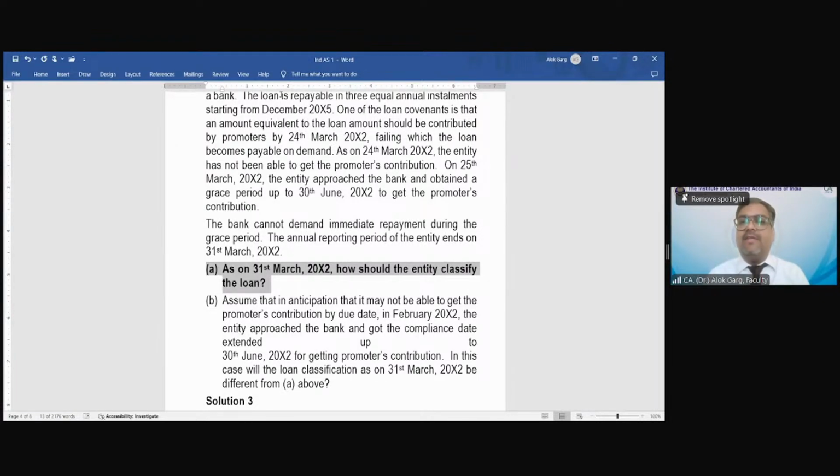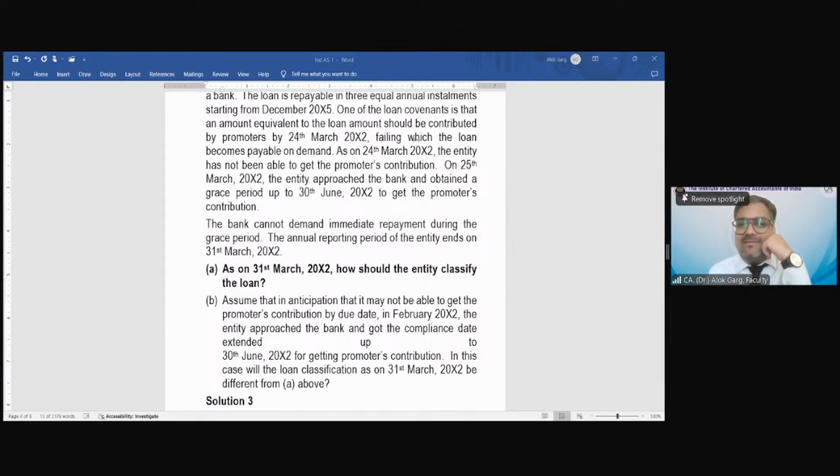The bank has given the grace period up to 30th June. And on 31st March, the grace period was 3 months from the reporting date. Non-current. It is non-current? Yes, non-current. Why is it non-current?